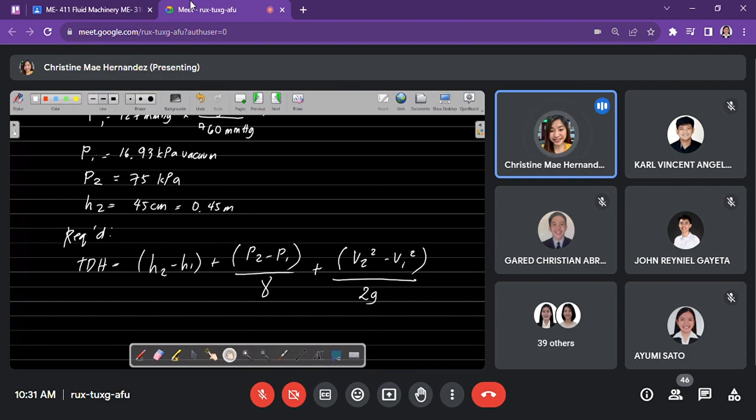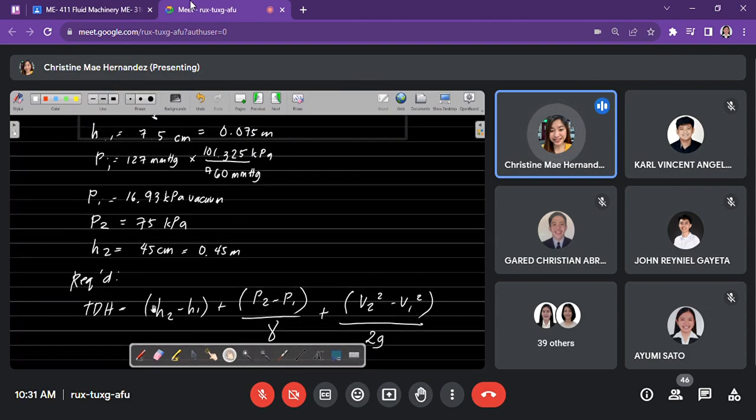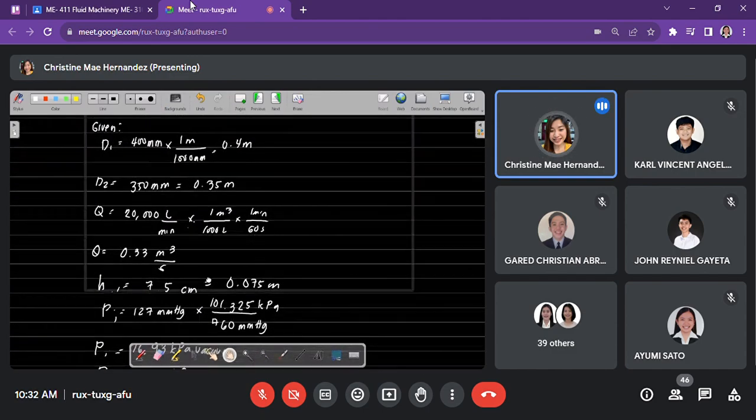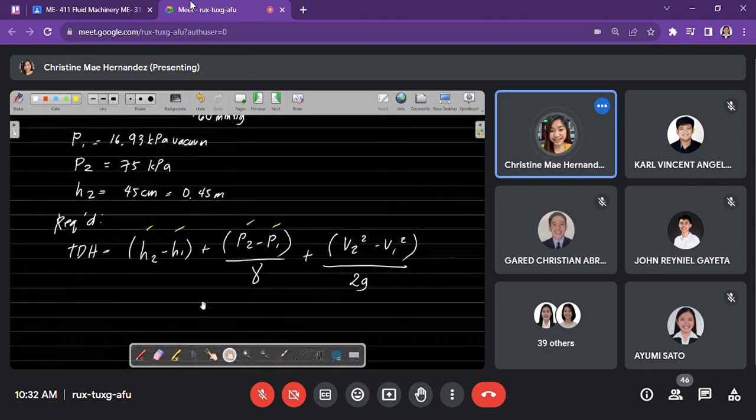Okay? So, tingnan natin. H2 minus H1, mayroon siya. Check. P2 minus P1, given din. So, may change in pressure tayo. And velocity head, may diameter. Okay, meron tong velocity head.